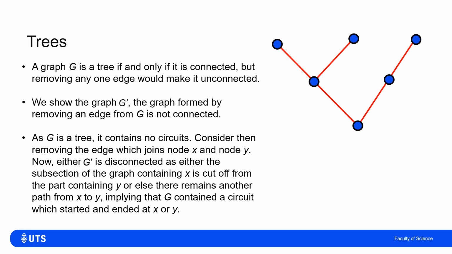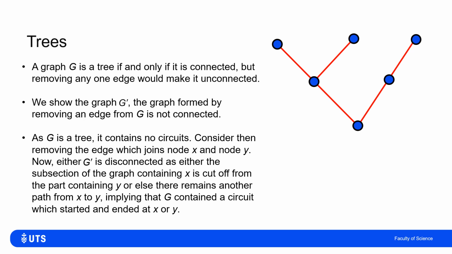Well, if we think about this, G is a tree, so it contains no circuits. So let's say that the edge that we choose to remove is the edge which joins node X to node Y. This gives us two possibilities. Either G prime is disconnected because the link between X and Y has been broken, splitting this into two different subgraphs, the graph that contains X and the graph that contains Y, but they're not connected.